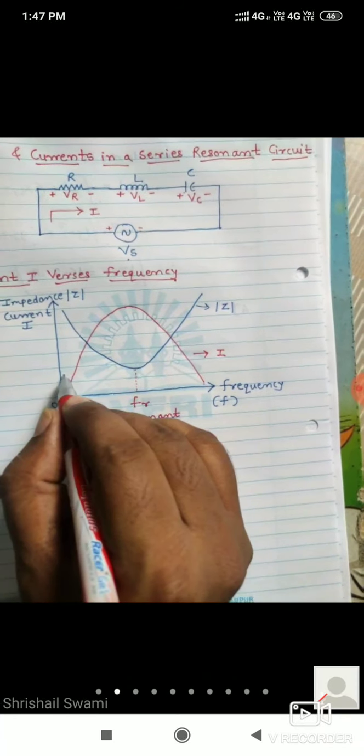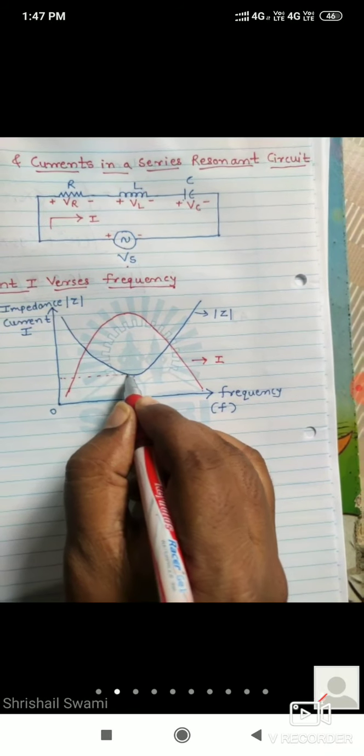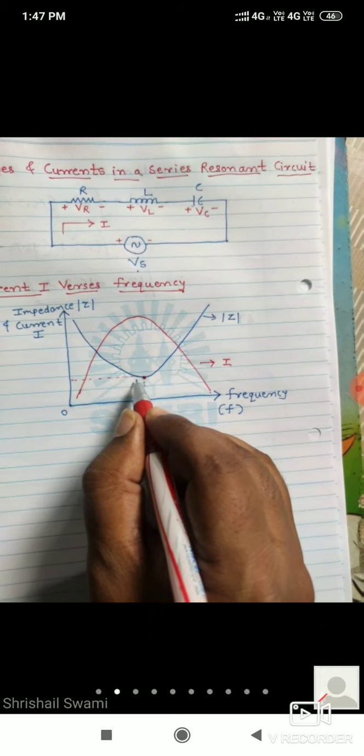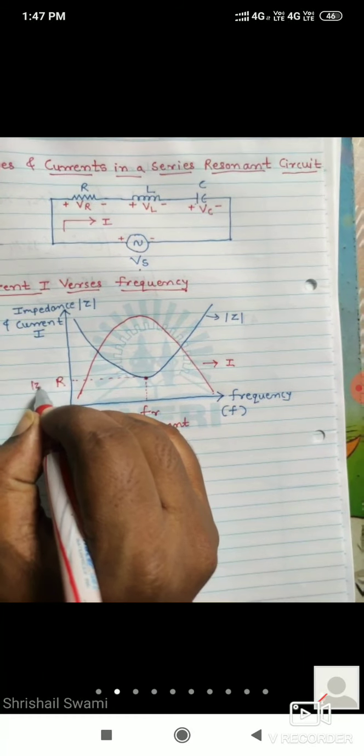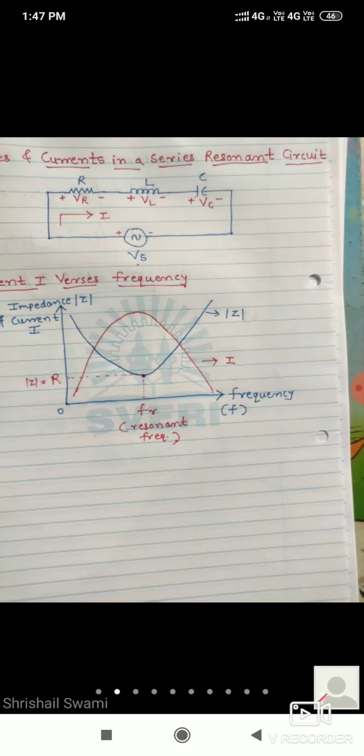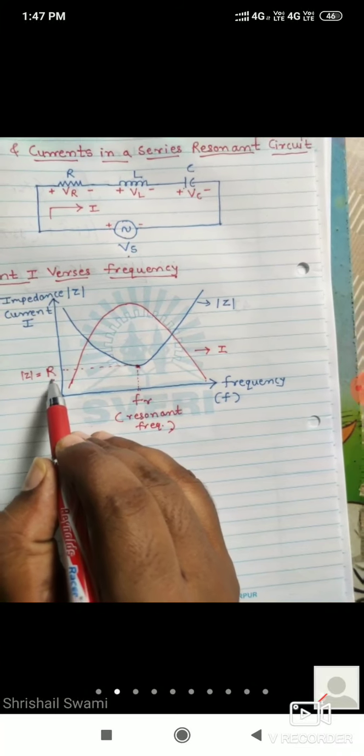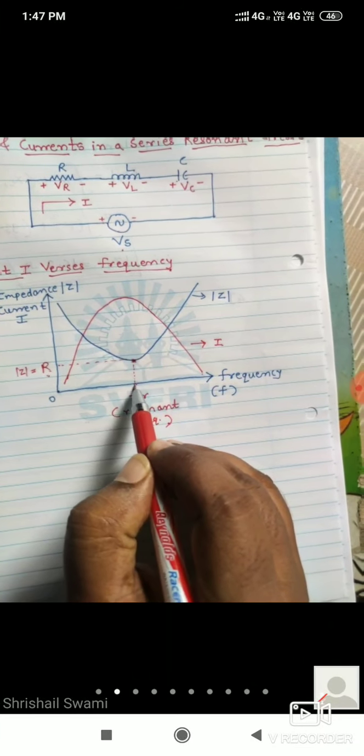At the resonant frequency, what is the value of impedance? That will be R. Z is equal to R. So it cannot be 0. If R is 0, then this point would come here.